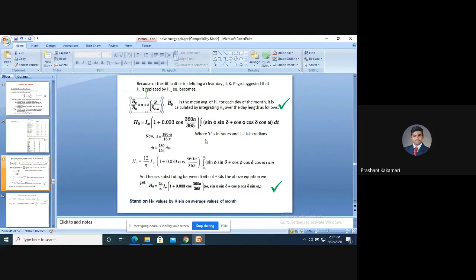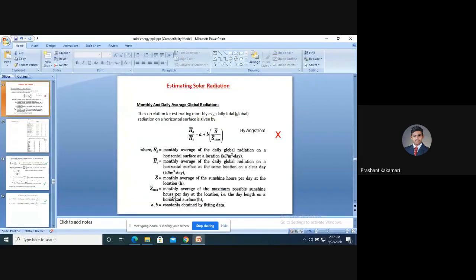So in this equation, constants a and b are given. Hg itself denotes monthly average daily radiation. H naught denotes extraterrestrial radiation for the given month. And S bar is the sunshine hours. What is S max bar? S max bar is the day length if you want, or else the maximum sunshine hours.